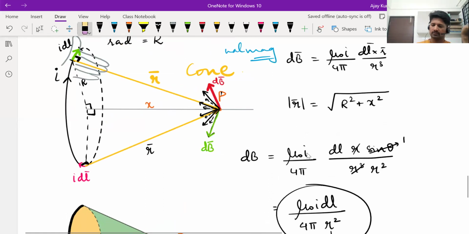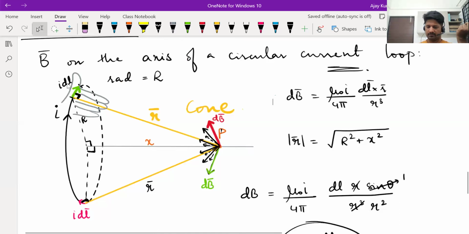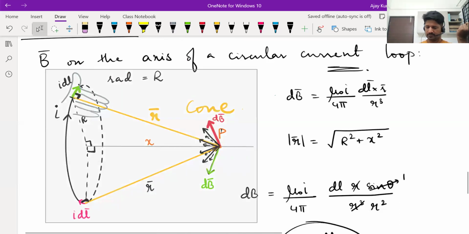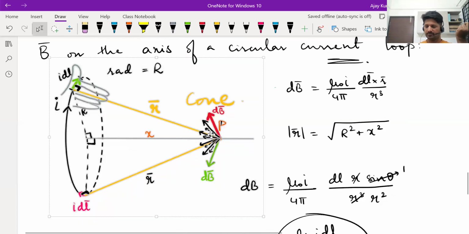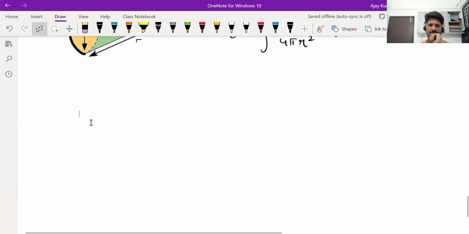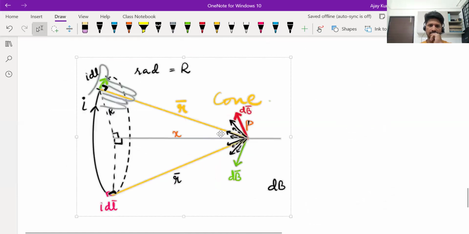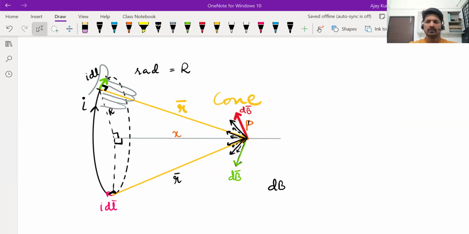What do you think will be the direction of their resultant? Or is it difficult to determine? There's a bunch of vectors of the same magnitude distributed like a cone. I'll show the diagram here. What do you think will be the direction of the resultant of that bunch of vectors? Radially inward.